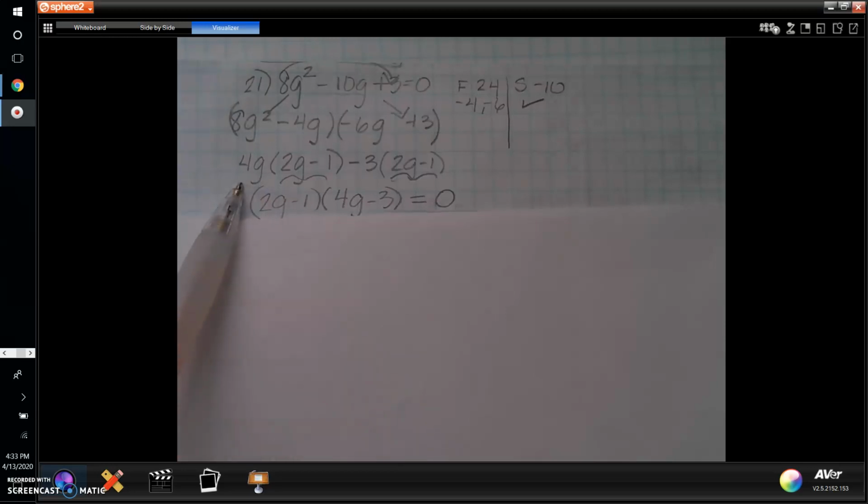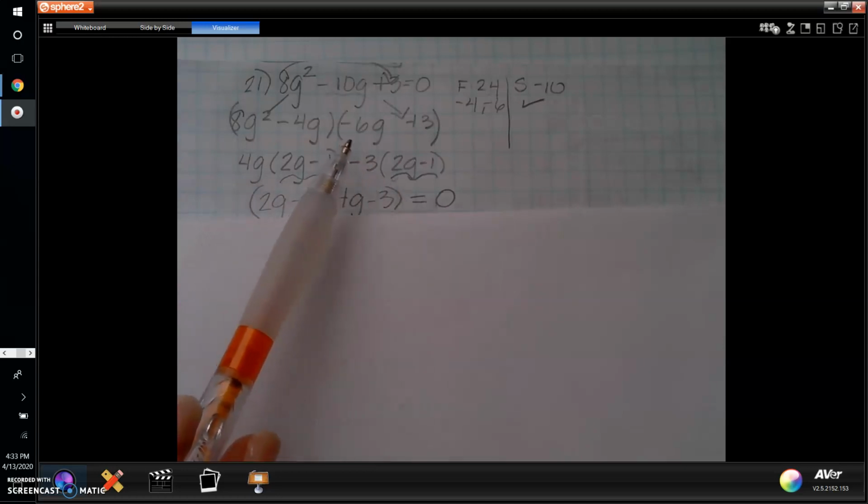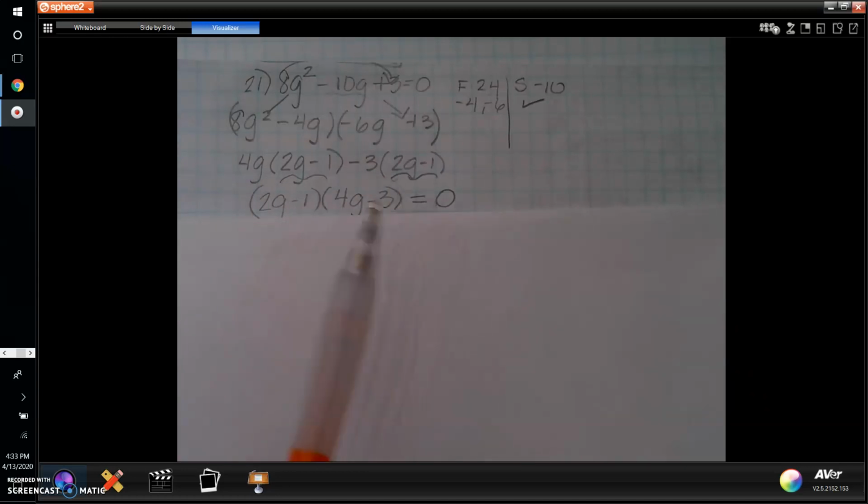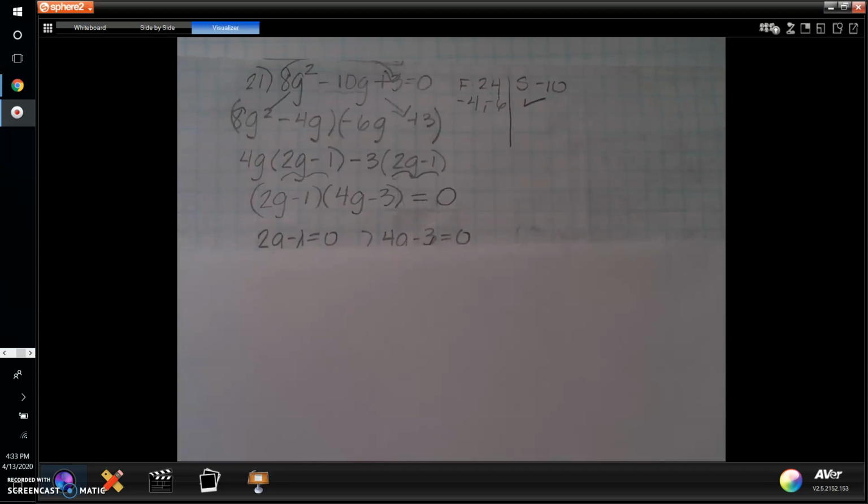So now, once I factor those two that they have in common, the 2g minus 1, I can factor out a 4g. The second one, I can factor out a negative 3. So then I'm left with, they have 2g minus 1 in common. I write 2g minus 1. What's left over, I put in the second quantity. Okay, but you're not done yet. You have to solve the problem. It has equal to 0, so we need to solve the problem. So I'm going to break these up into two equations, and I get 2g minus 1 equals 0 and 4g minus 3 equals 0.